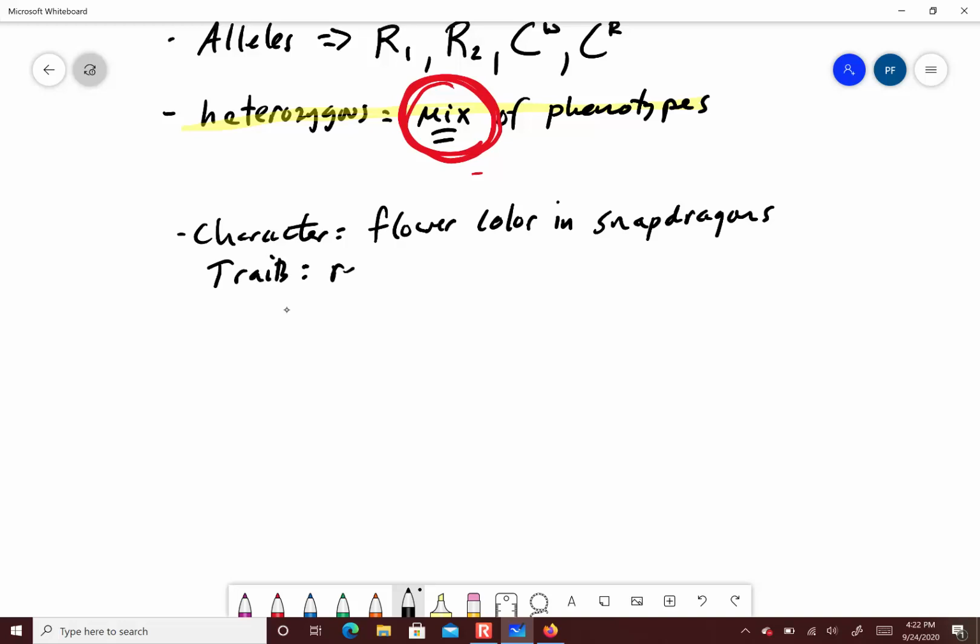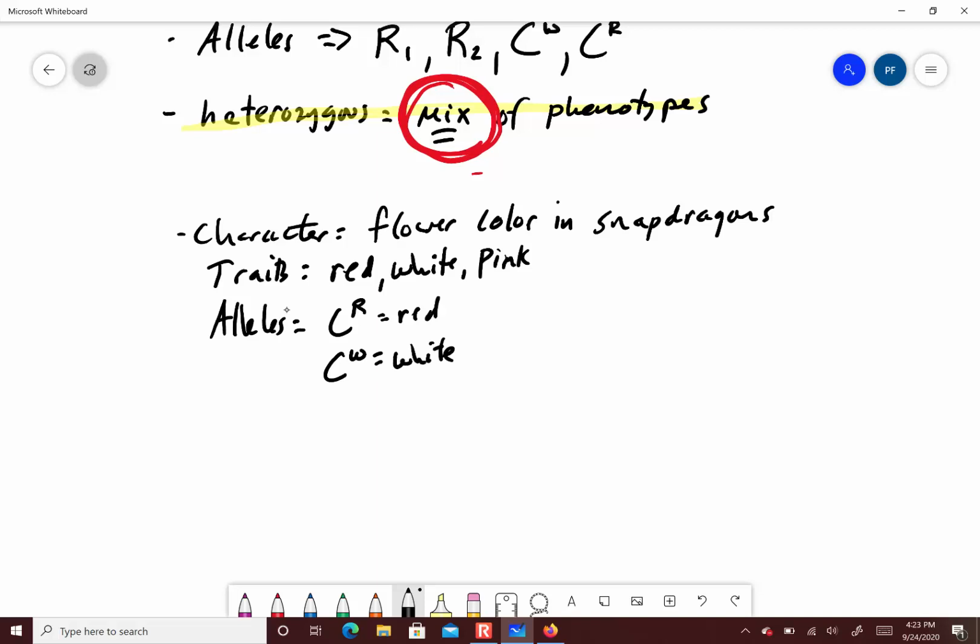And the traits can be red or white, or our mix of the two, which is pink. So we may see red flowers, white flowers, or pink flowers. And then we're going to use the alleles CR to mean red, and CW to mean white. So notice we don't have an allele for pink, right? Pink is just present if we have one of each of these two things. But we don't have a separate allele just for pink color.